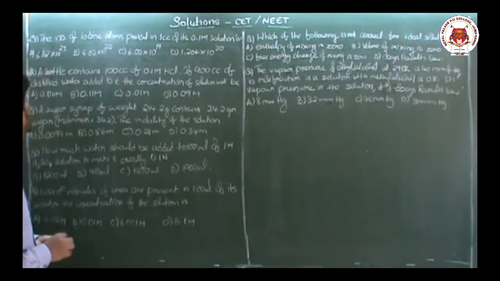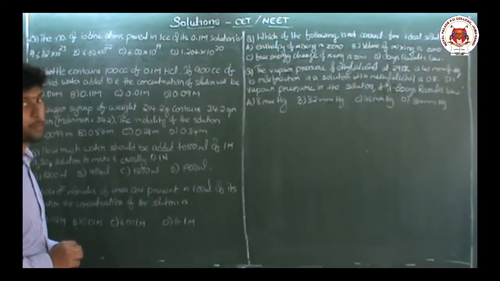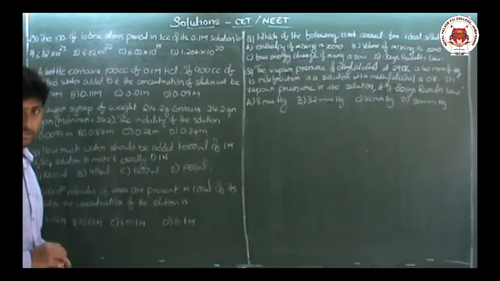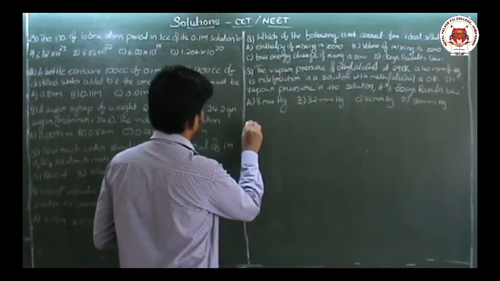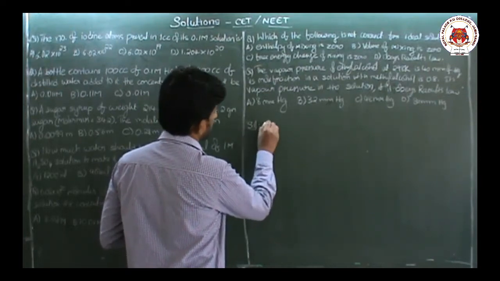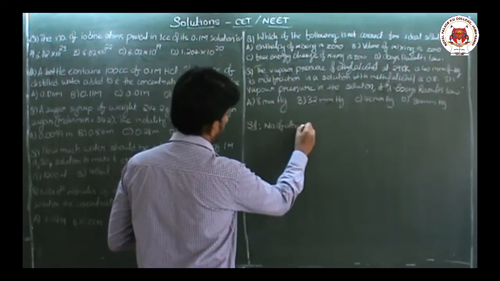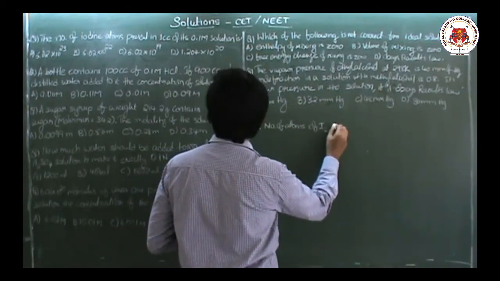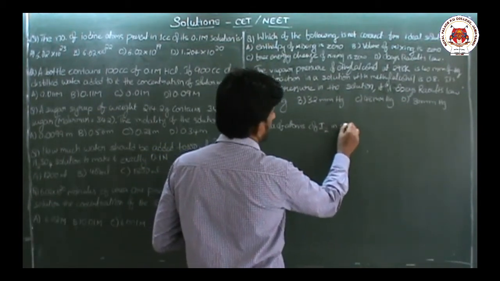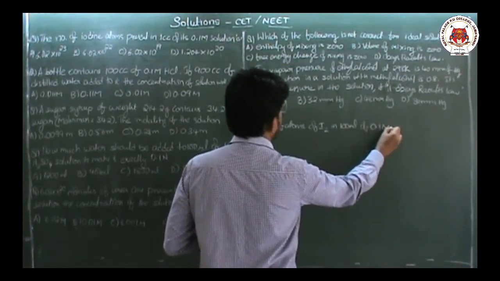First question is, the number of iodine atoms present in 1 cc of its 0.1 molar solution. Now they are asking the number of atoms of iodine in 100 ml of 0.1 molar solution.